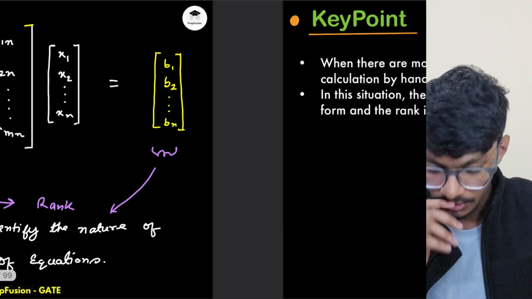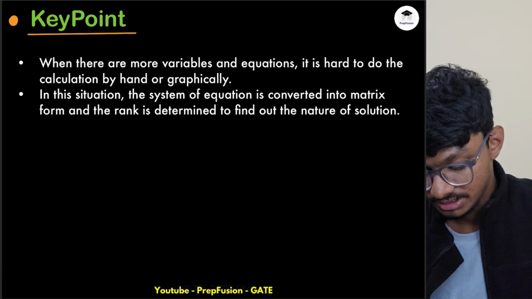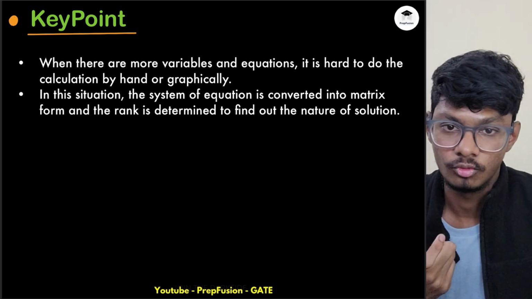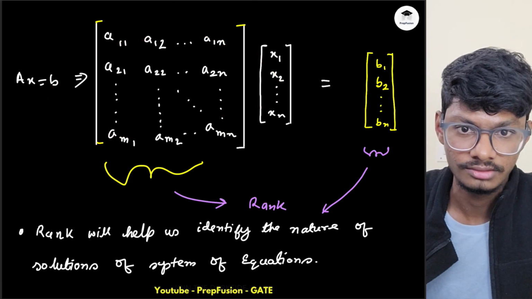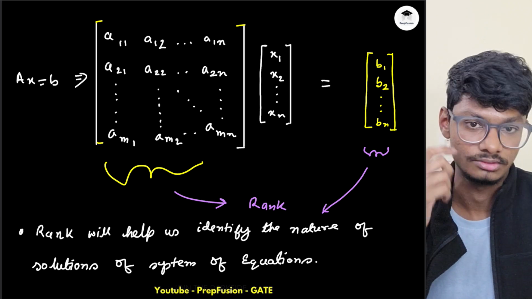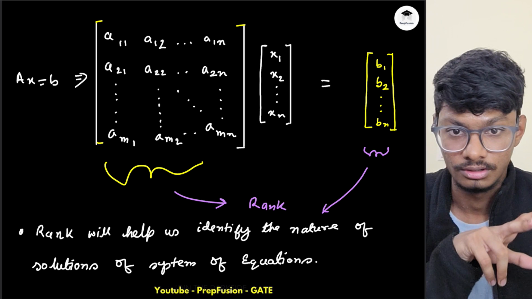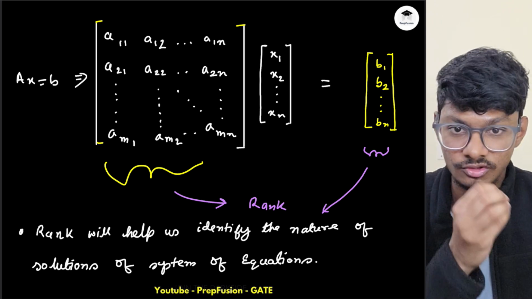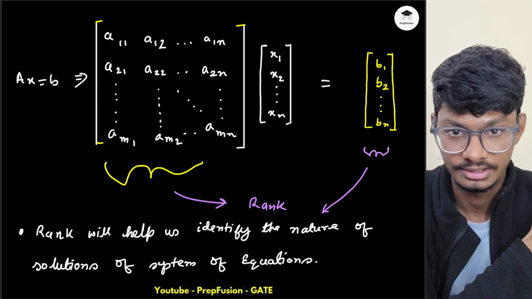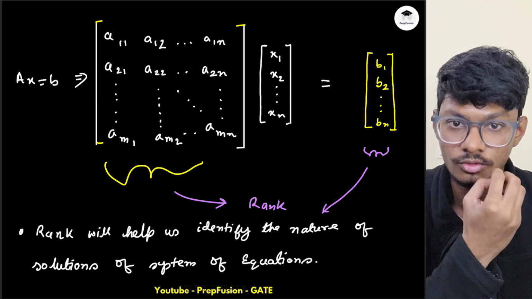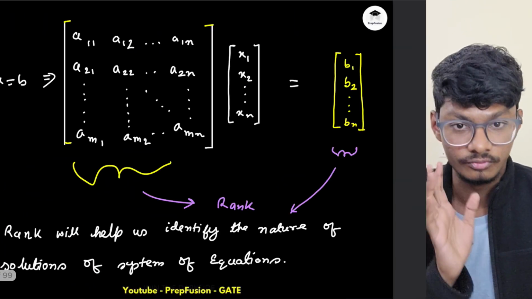So this is what a rank does. What you could have asked me is, why do you need to find rank? We can just simply solve and check for ourselves whether the solution exists or not. We solved for the two unknowns case. Just try to solve for three unknowns and three equations. You will see the steps become more rigorous and it becomes more difficult to find the values of x, y, and z. So that's why we solve it like this.